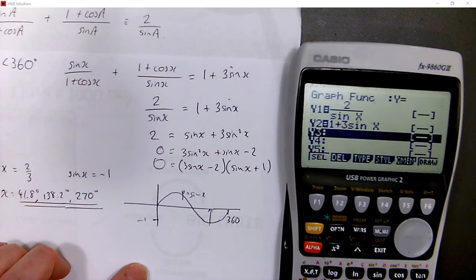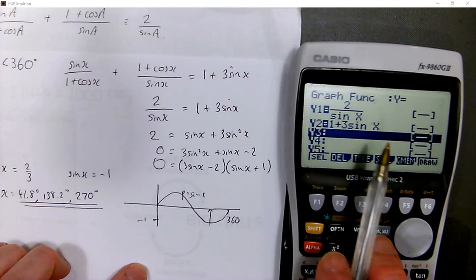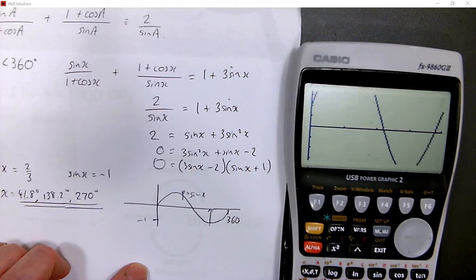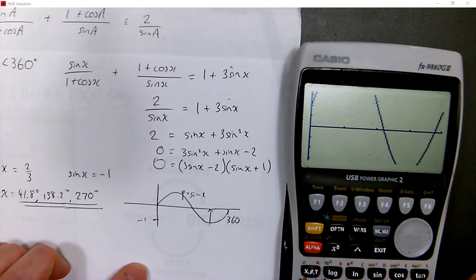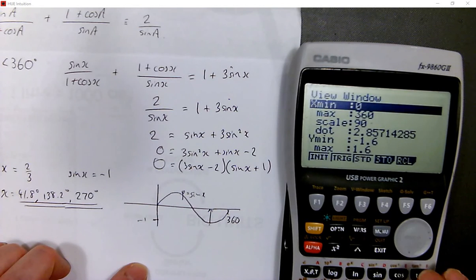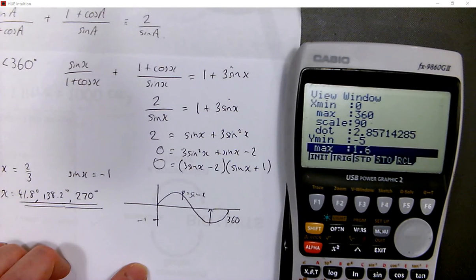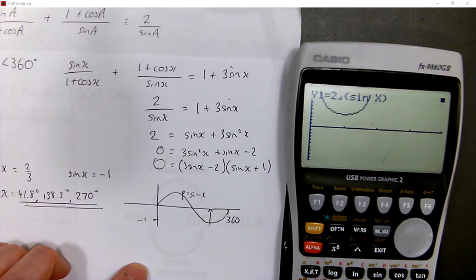Okay. Now, because there's some kind of transformation, we might not have big enough y values, but we'll have a look. Yeah, it's quite hard to see. So I'm going to go view window, and I'm going to make my y go from, say, -5 up to 5. There we go, that's a bit better.